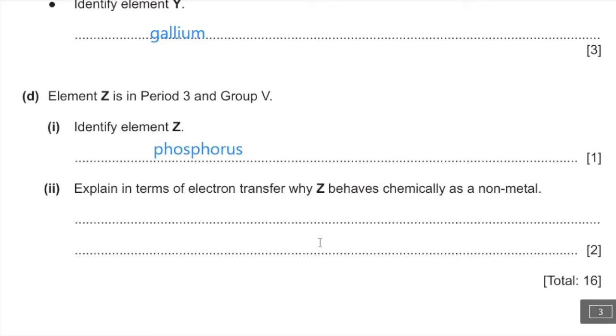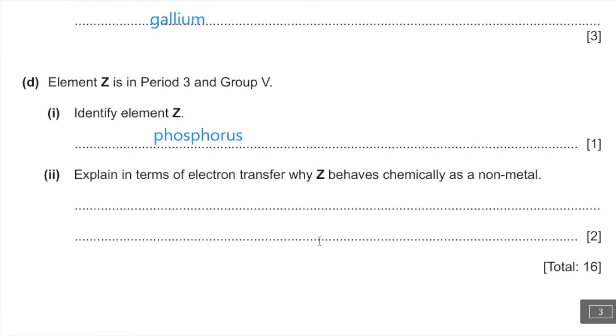2. Explain in terms of electron transfer why Z behaves chemically as a non-metal. Alright, so electron transfer basically they want us to mention whether this element Z is gaining electrons or losing them, and they're saying that it behaves as non-metals.